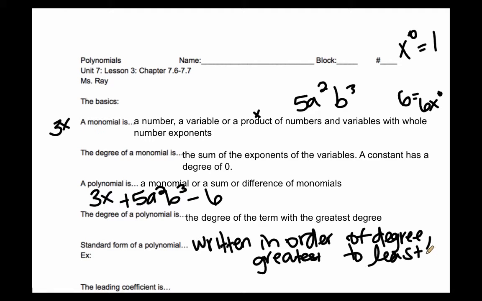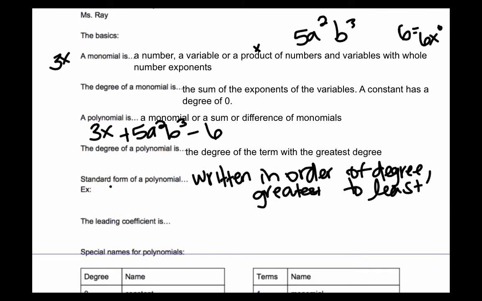Now, when we're talking about standard form, we're talking about when we only have one variable. For example, 5x to the 4th plus 3x cubed plus 6x squared minus 8x. So there's just one variable.